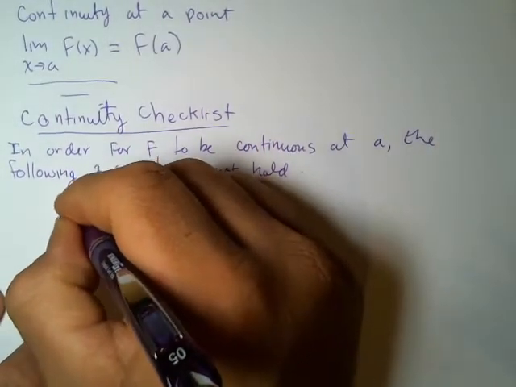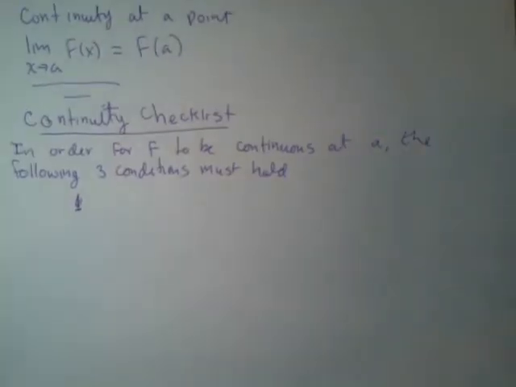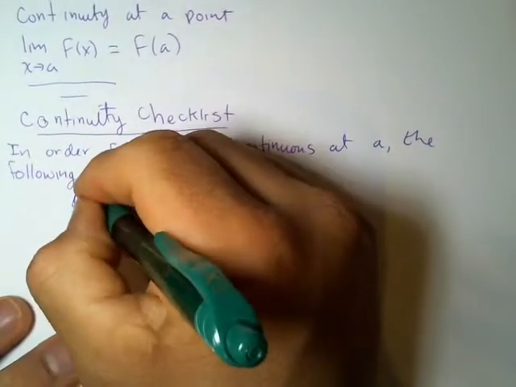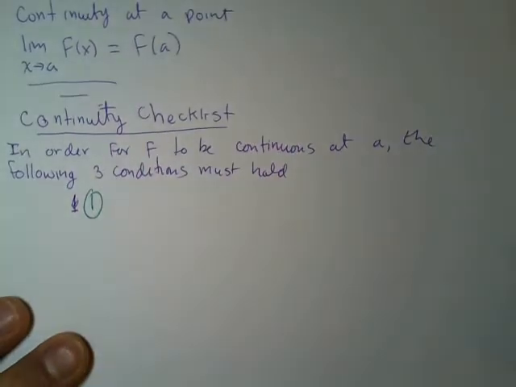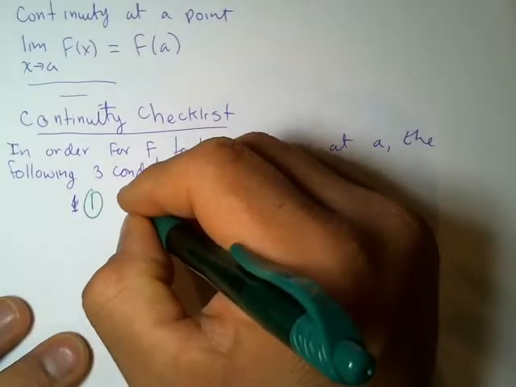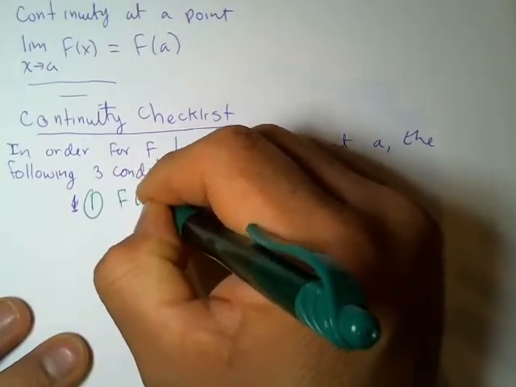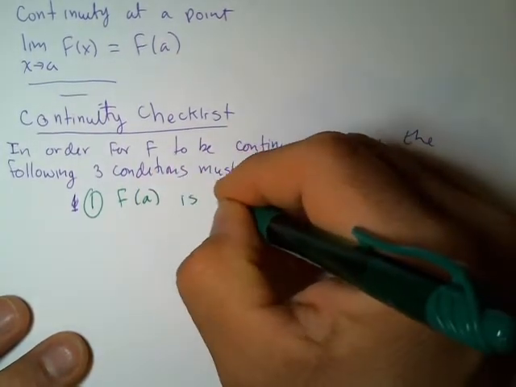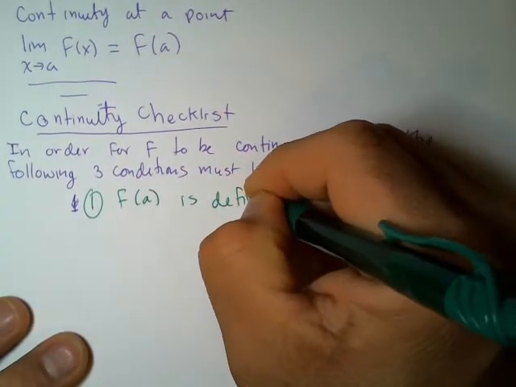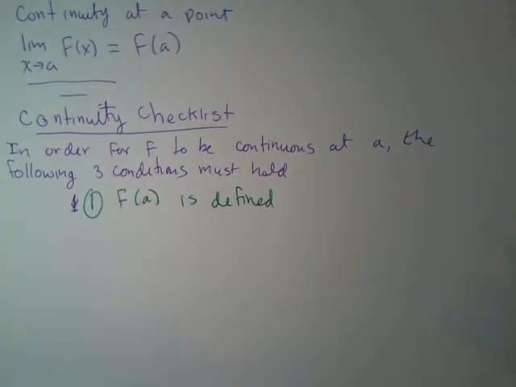The first condition is f of a is defined. In other words, I can evaluate at a and I don't get something that is undefined. I get a real value as an output for the function.